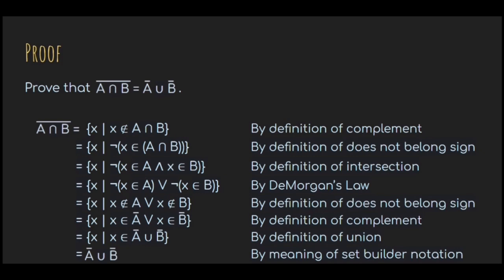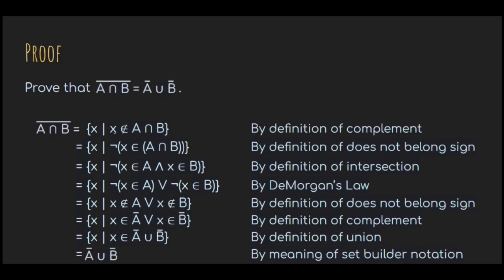All right, now we do, again, the definition of a does not belong sign. We throw in the negation sign again, so we put a does not belong sign in there. And now we have to look at the definition of a complement, which we already saw, but we're reversing it from what we had before.